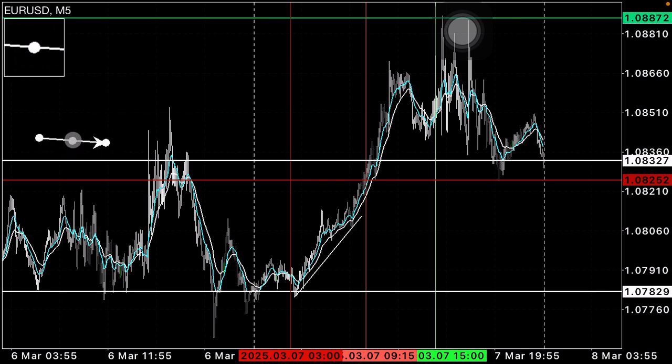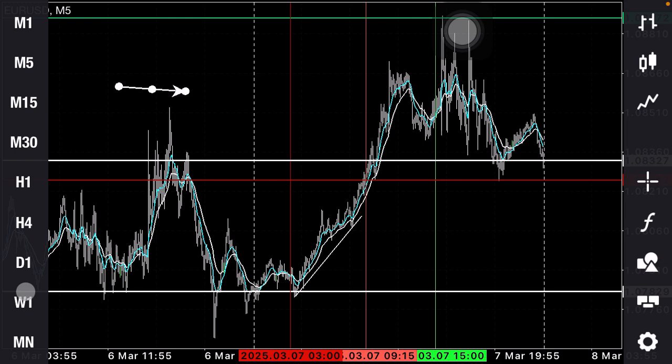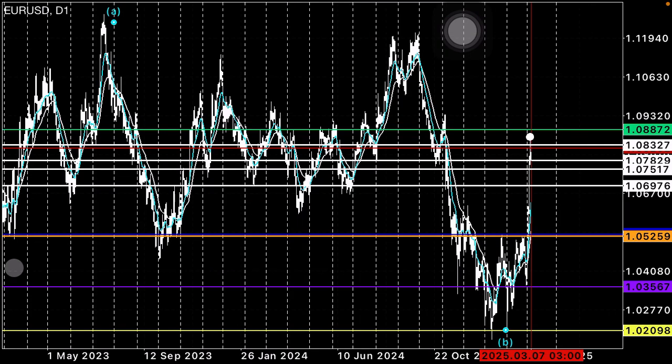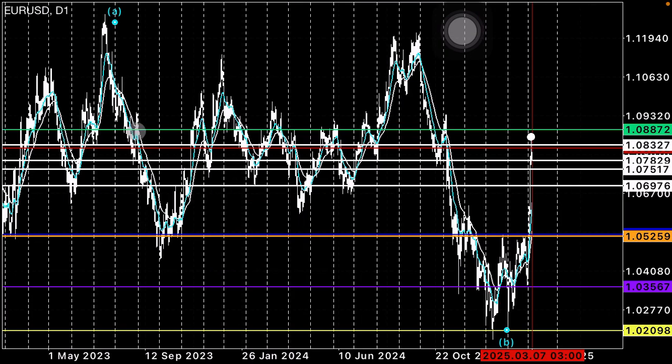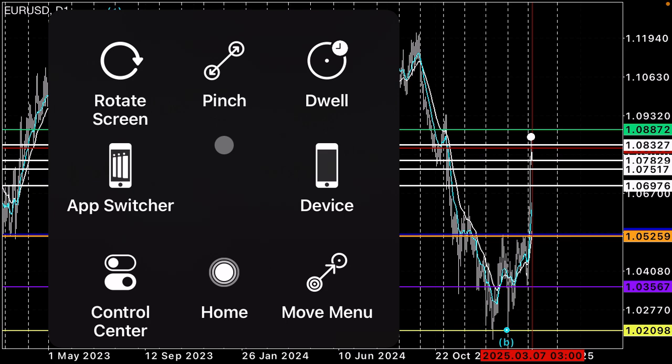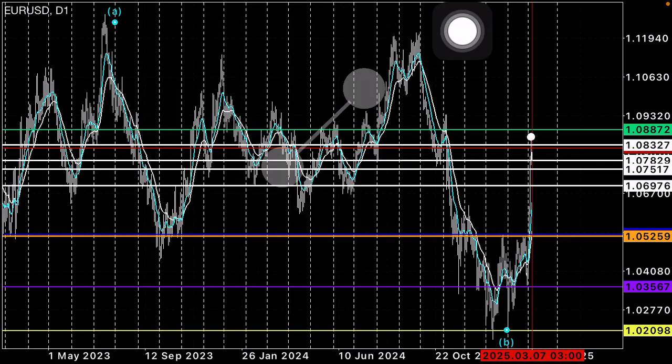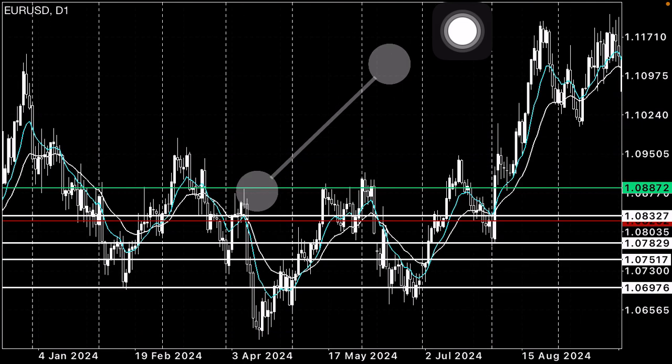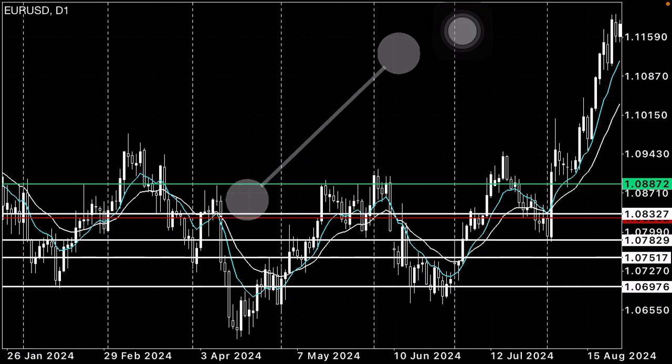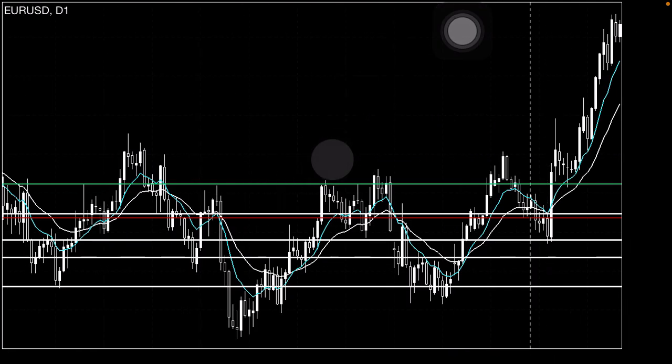Yesterday, well, the market is in an uptrend. Go to the daily and pinch out. This is the euro US dollar.